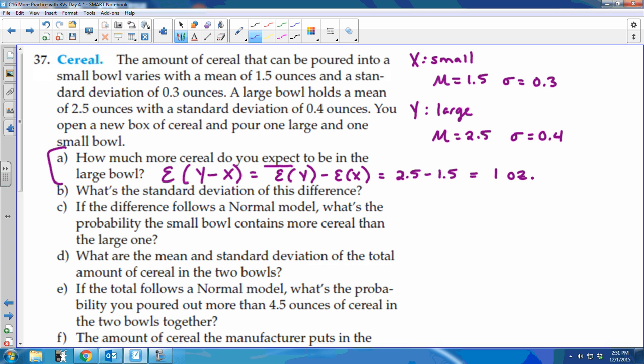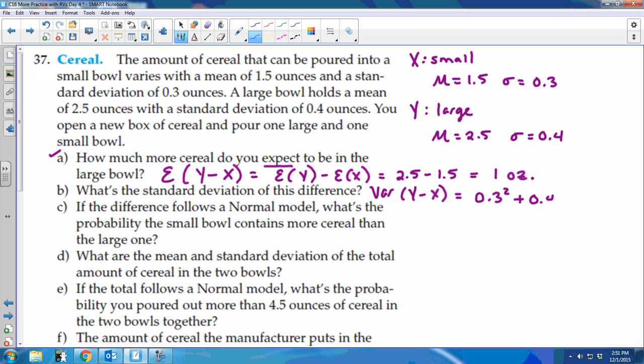And then B, it says, what's the standard deviation of this difference? So we're combining two variables, which means we have to use the variance. And then we have to find the standard deviation from that. So the variance here would be 0.3 squared. And even though it says subtract, there's always going to be more variability, so we add.